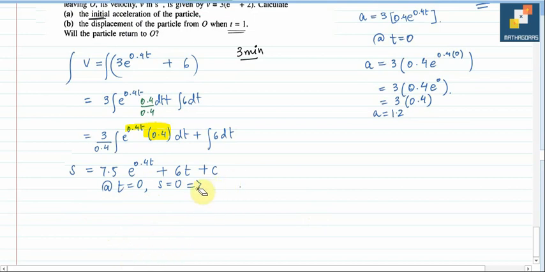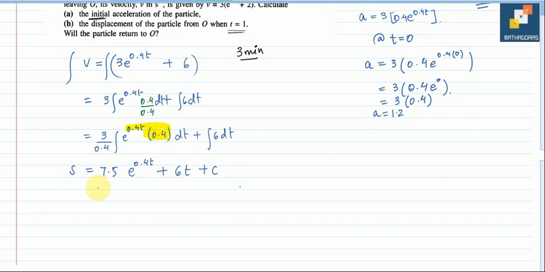And what is this mistake here? Basically, when you place the value of time equals 0, let's check what happens to the equation. So when t equals 0, s equals 0, right? I mean to place the values here: 0 equals 7.5 e to the power 0 plus 6 times 0 plus c.